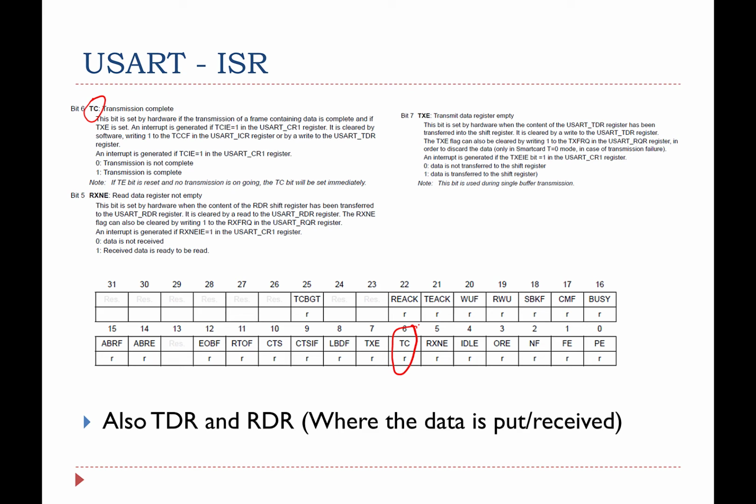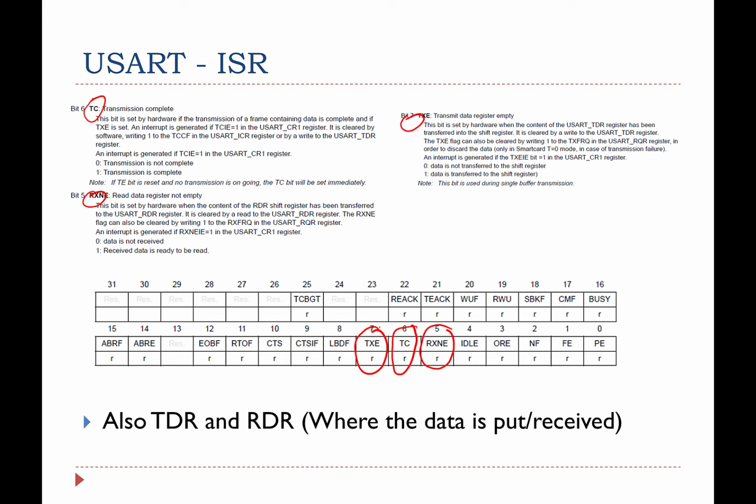So the other things that are important here in this register are the receive data register not empty and the transmit data register empty. So these 2 bits are basically here and here, right beside bit 6 for the transmit complete flag.